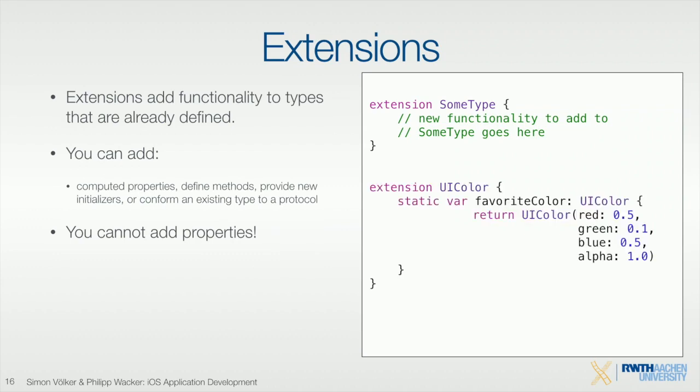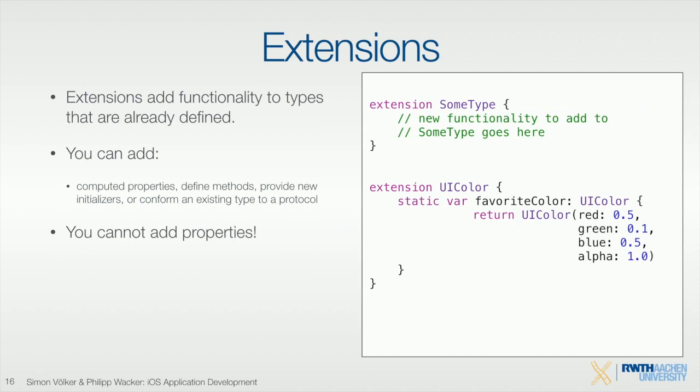So how does it look? The extension is again very similar to classes. It's the keyword extension, and then you name the class that you want to extend. In this case, I'm using UIColor. UIColor is a class which can be just an encoded color format, and you have a lot of different properties that you can use. And I'm basically saying, okay, this is my variable that should be a static one.